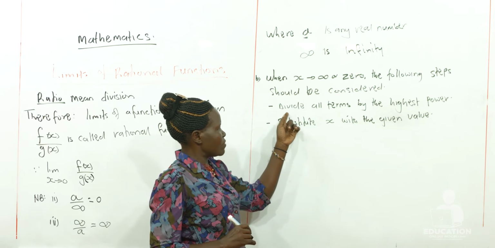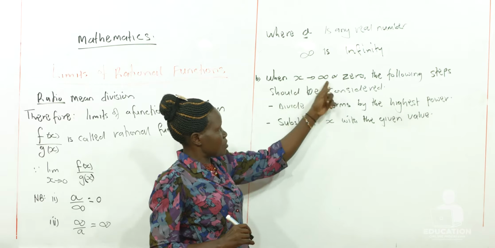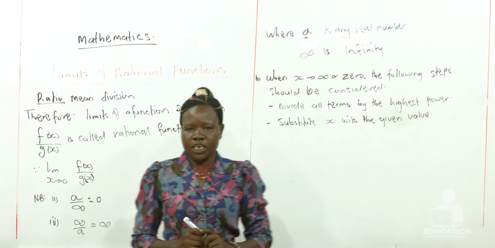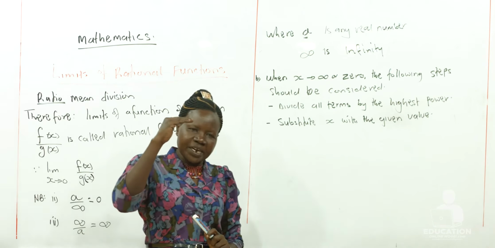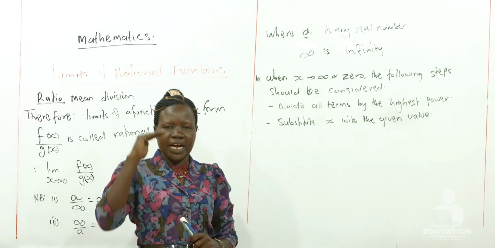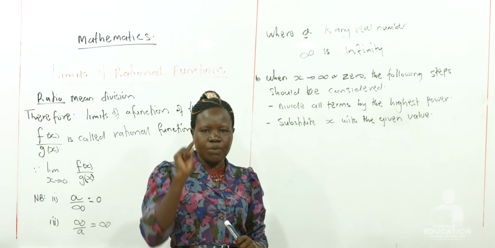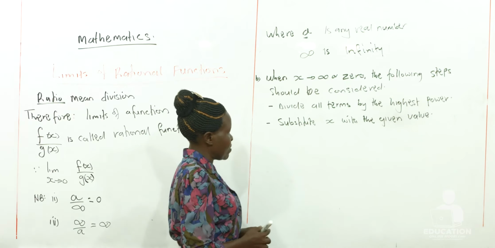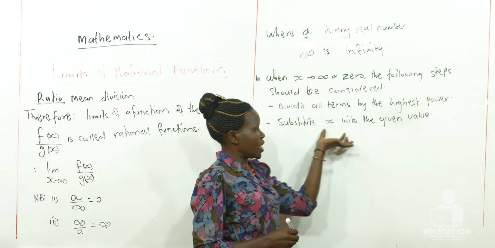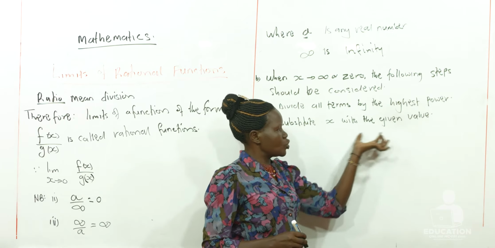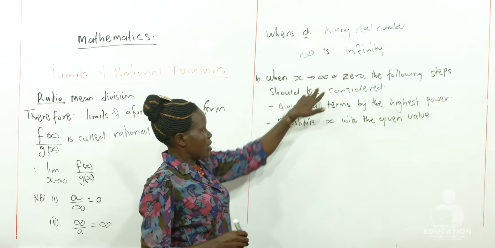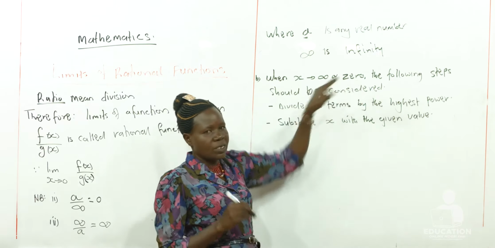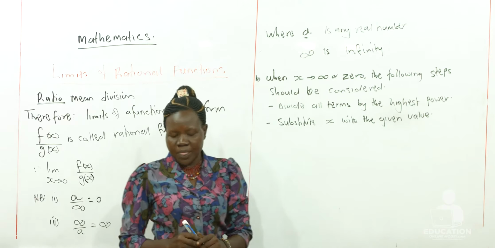First, divide all the terms by the highest power. Check whether the numerator or the denominator has the highest power. You have to divide each term, both the numerator and the denominator, by the highest power. And then after your division, you can substitute x with the given value. If it is infinity, you substitute it with infinity. If it is 0, you substitute it with 0 to get the final answer.